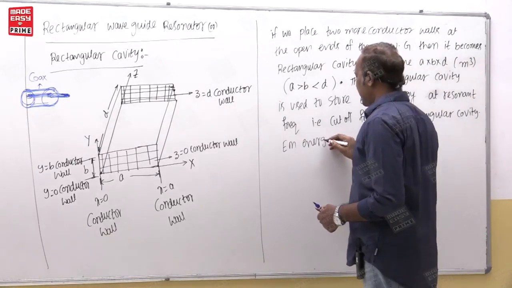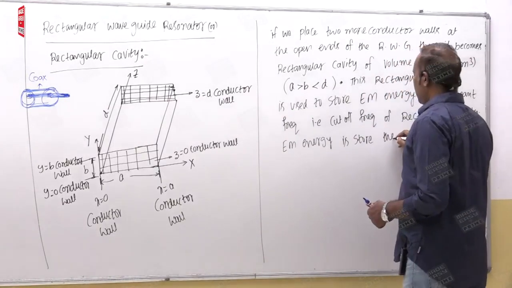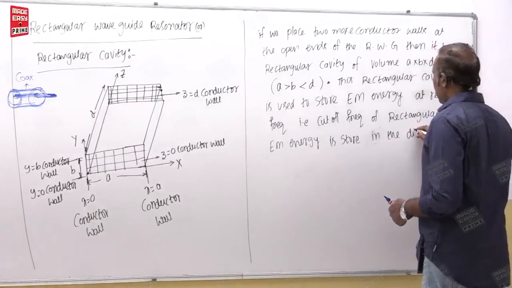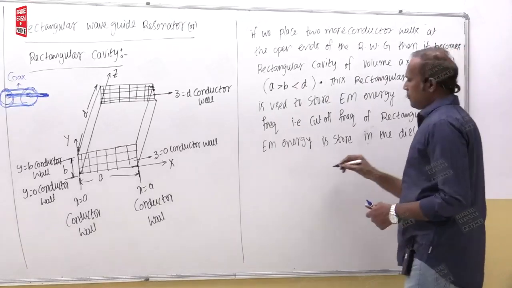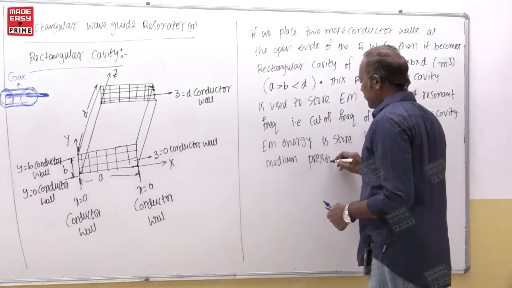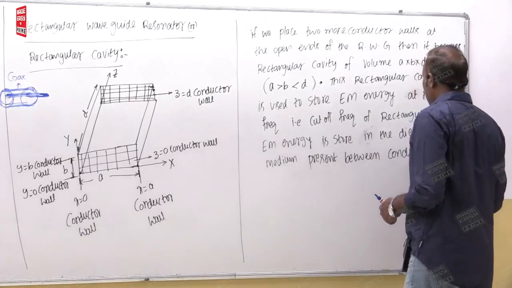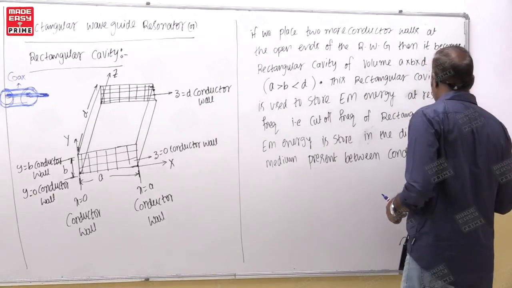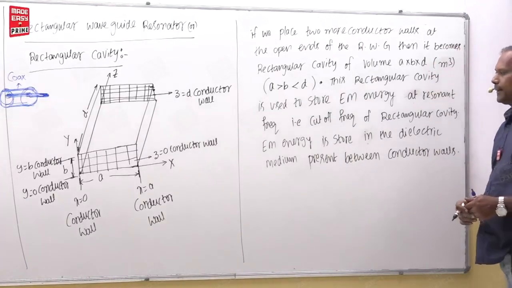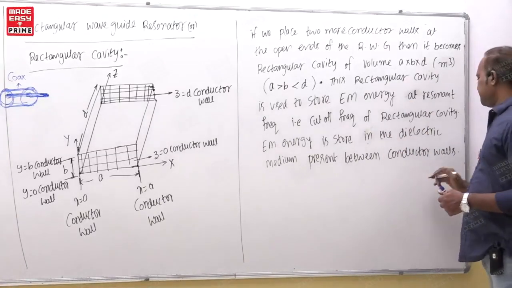EM means electromagnetic energy is stored in the dielectric medium present between conductor walls. Right? That means if epsilon is there, then electric energy is stored, if mu is there, magnetic energy is stored.